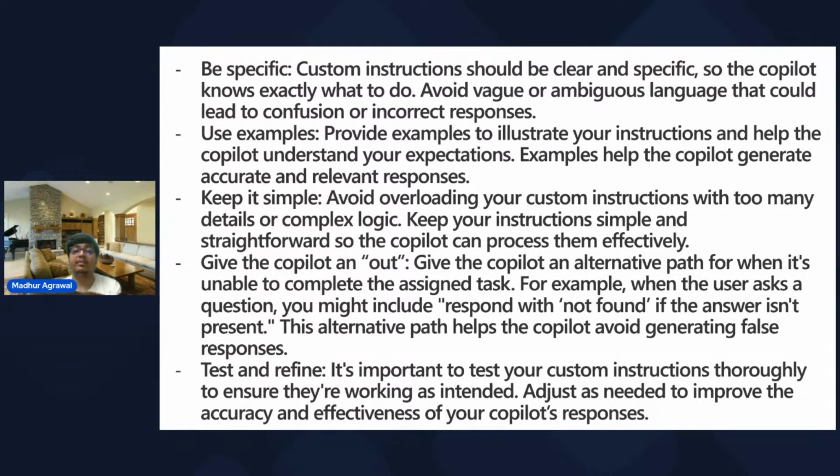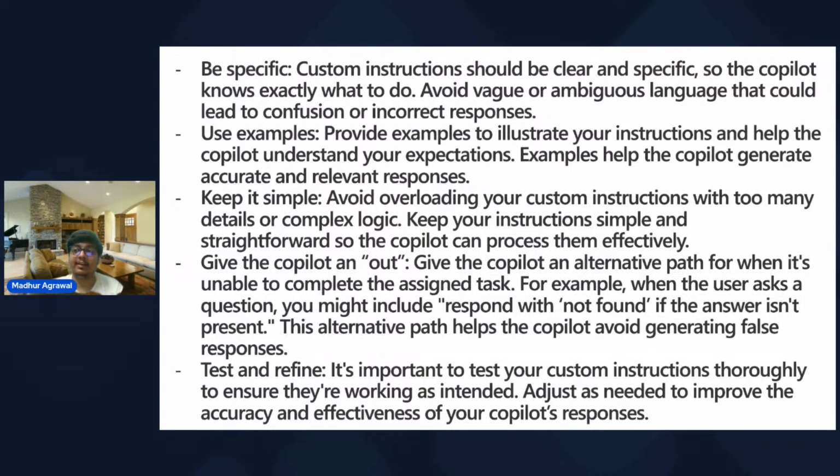So, if I have a food delivery app and my order is stuck in the pipeline process, a customer will ask, "Hey, where is my order?" If you have only included that it should answer the customer's questions and queries, the Copilot will automatically generate something bogus.